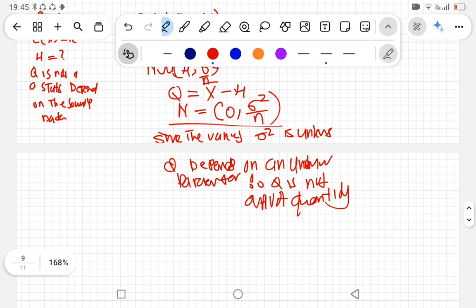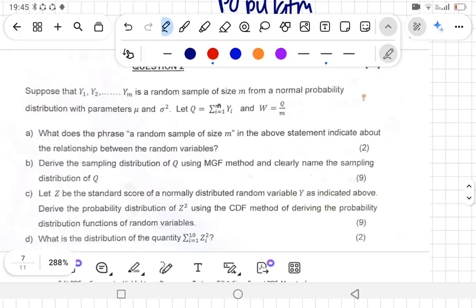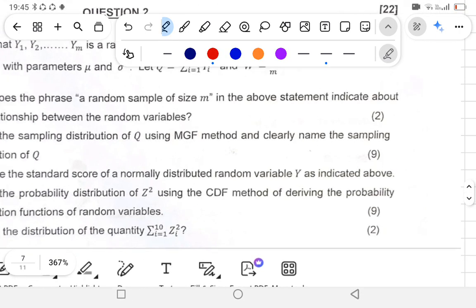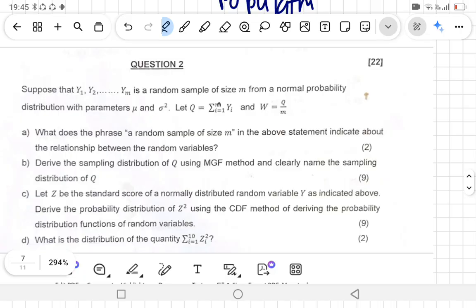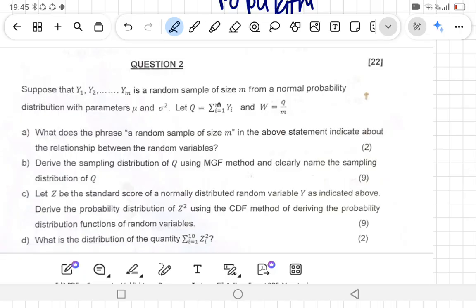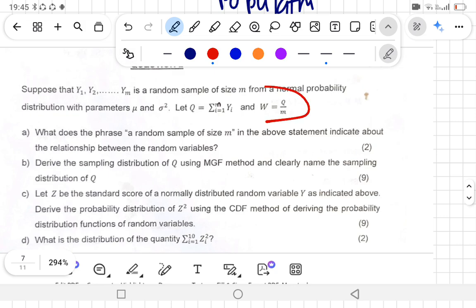So we'll discuss this more. Let's now check the calculations on question 2. They're saying let Q equal to this and also let W equal to this.